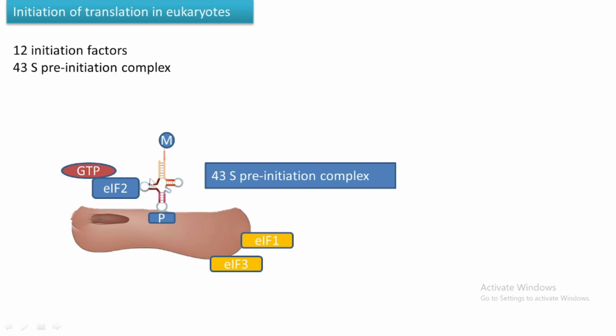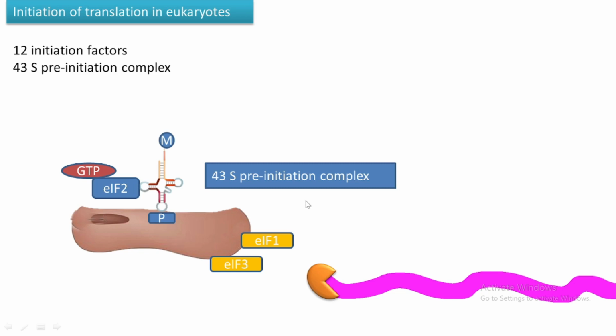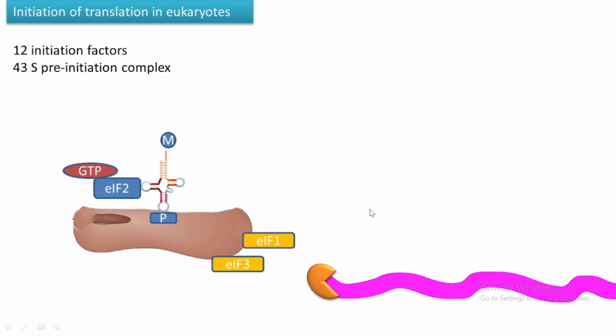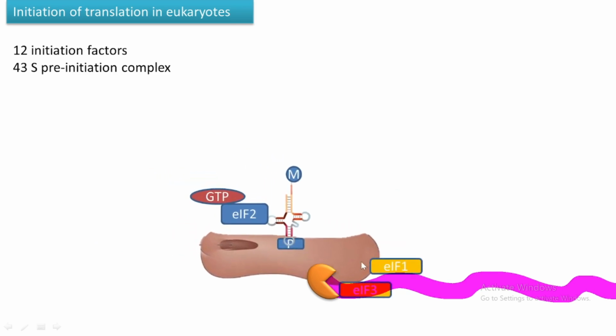The whole assemblage is called the 43S pre-initiation complex. After forming this complex, the whole assemblage goes and binds with the 5' cap of the mRNA.